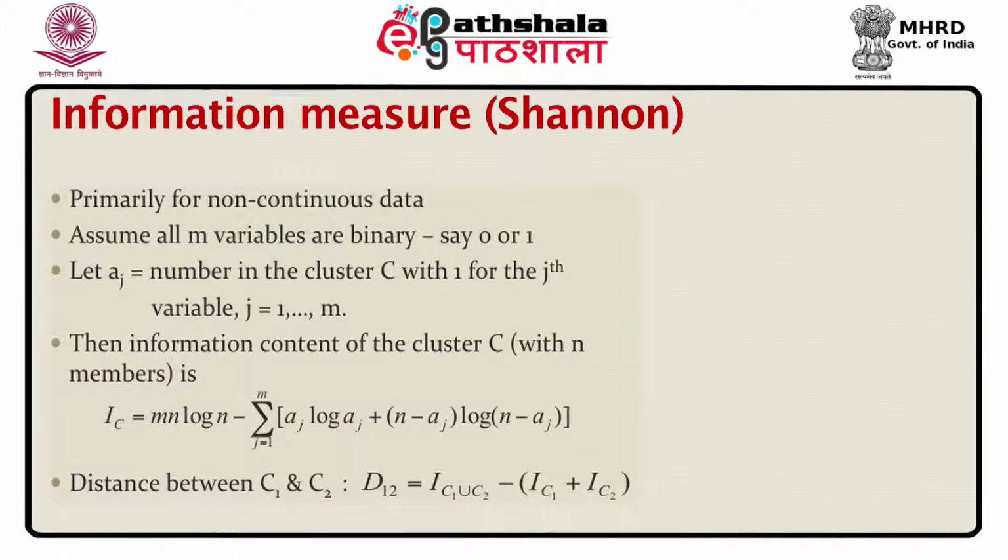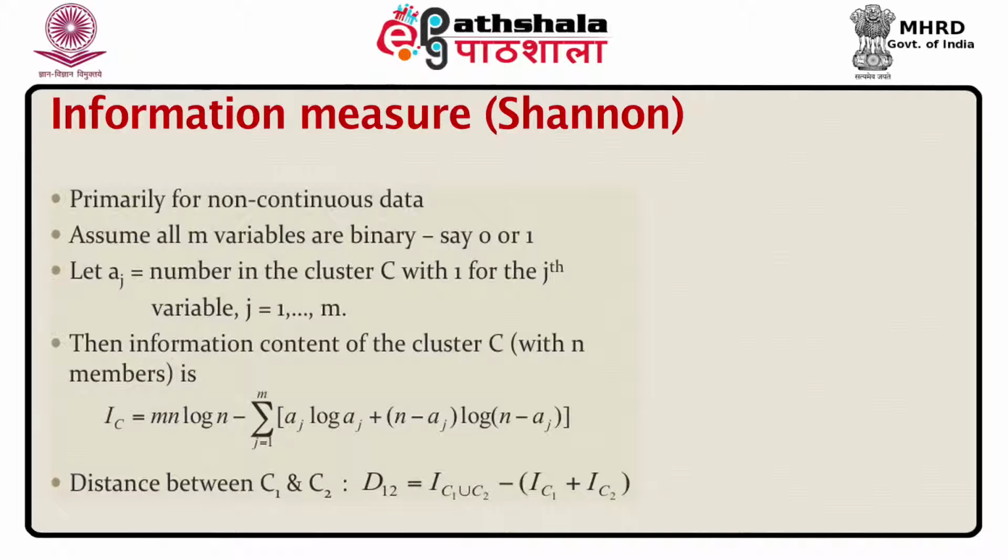Now, having defined the information content of the cluster, we next find the distance between the clusters C1 and C2. To do this, first we get the information content of the cluster C1, then that of cluster C2. These are respectively IC1 and IC2.